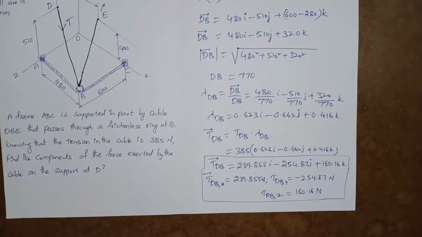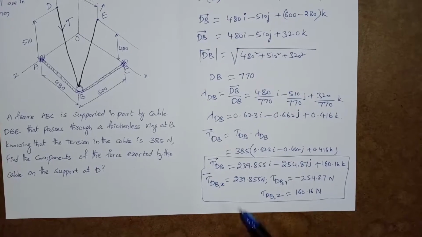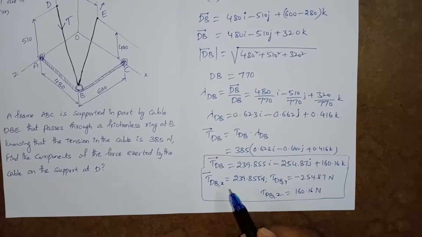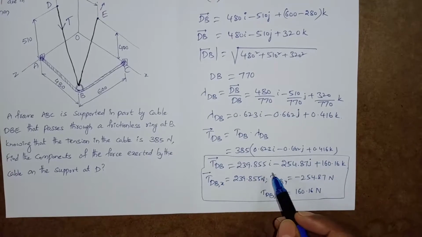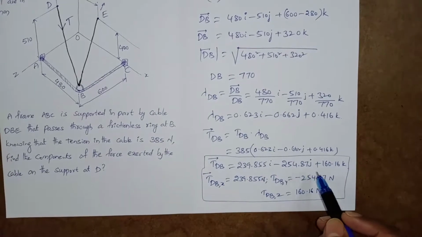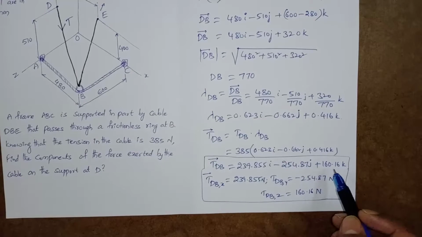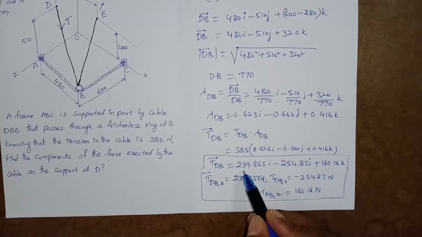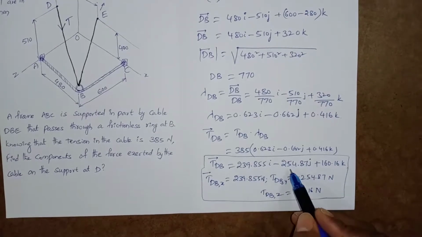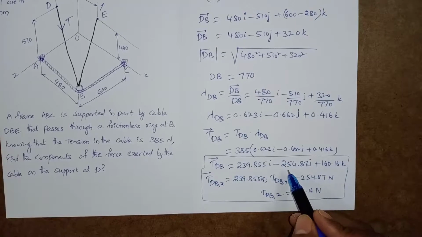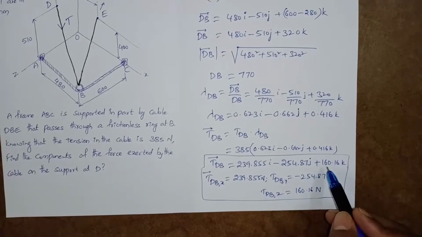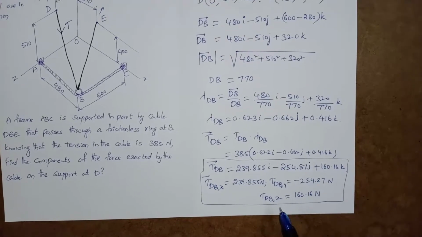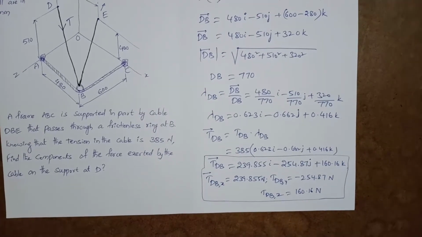Substituting the values, T DB bar equals 239.855 i cap minus 254.87 j cap plus 160.16 k cap. This is the x component, minus 254.87 is the y component, and the z component is 160.16, all in Newton. So this completes this problem. Thank you.